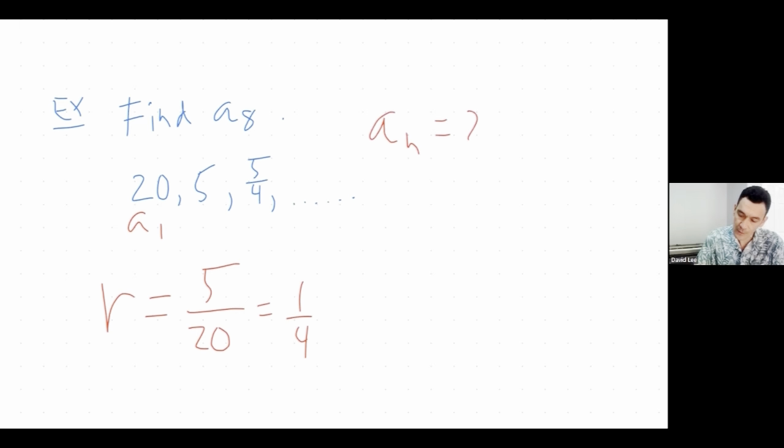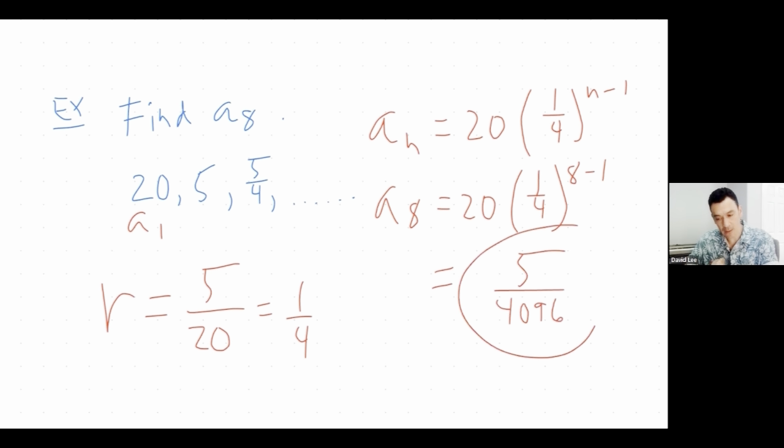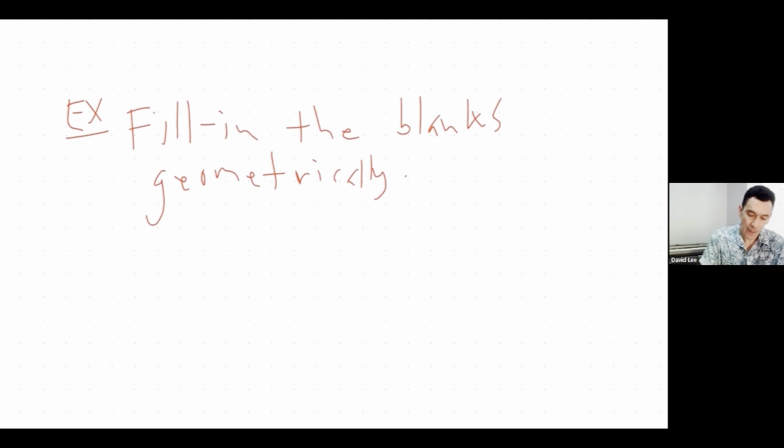Our formula would therefore look like this: 20 times 1/4 to the power of n minus 1. We want to find the 8th term. Okay, plug an 8 in for n, and then we get 8 minus 1, and just type that into Desmos. 5 over 4096. Final answer out the door.